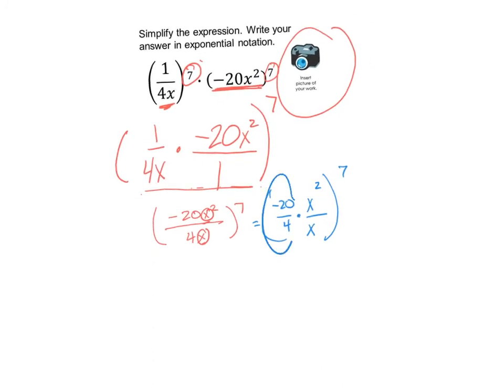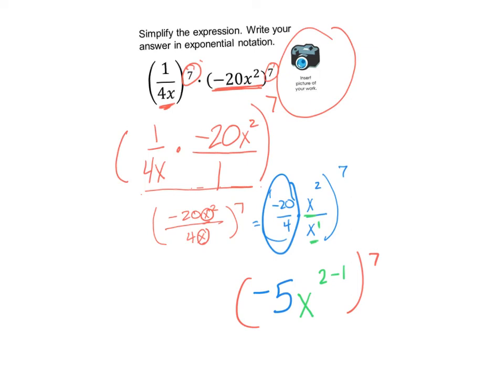All right, so I know negative 20 divided by 4 is negative 5. I have the same base, so I subtract their exponents, and I know this has an exponent of 1. So that's the base, subtract the exponents, and all of that is raised to the 7th power.